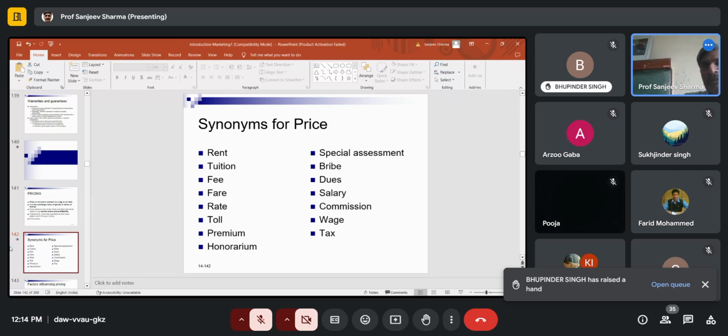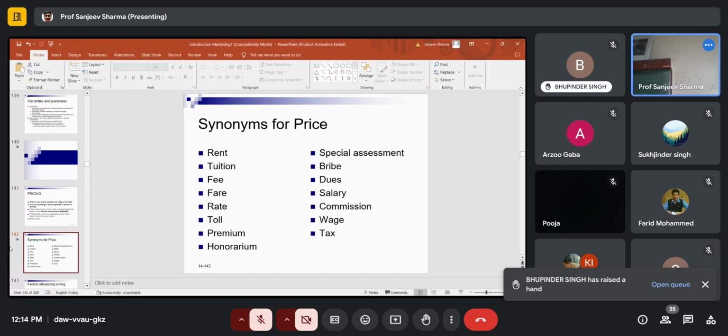So it is incremental. The maximum retail price is the price to the buyer. Okay. So let us see how pricing is done.